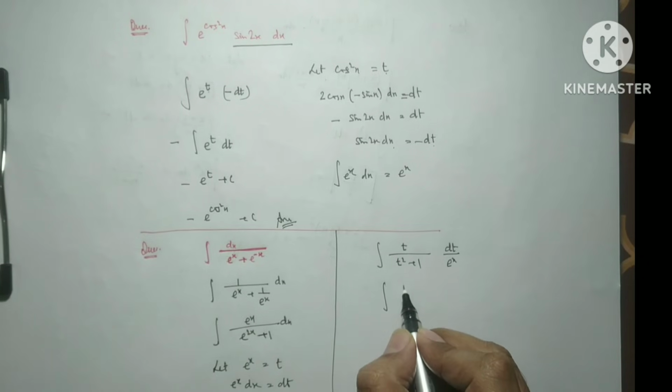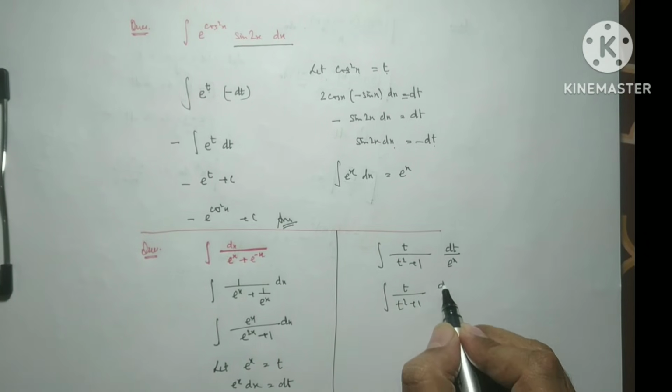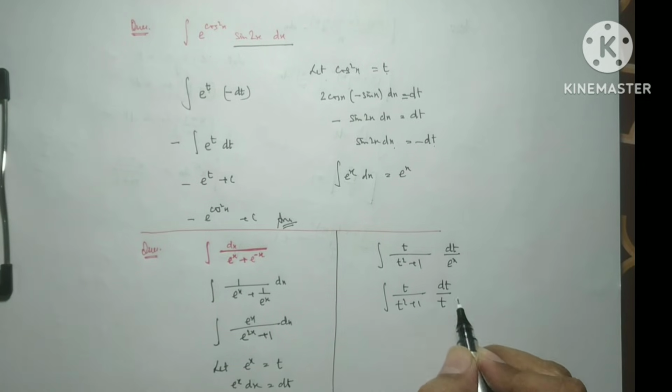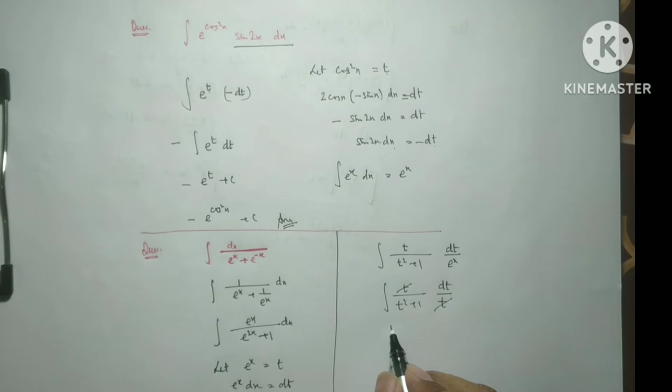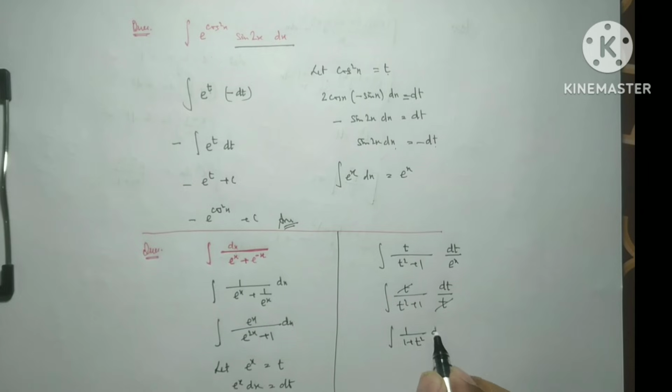So it is t square plus 1, and this is dt over t, because e to the power x has value t. So this will be cancelled out. Right now we have a very simple expression. It is a standard expression, that is tan inverse t.